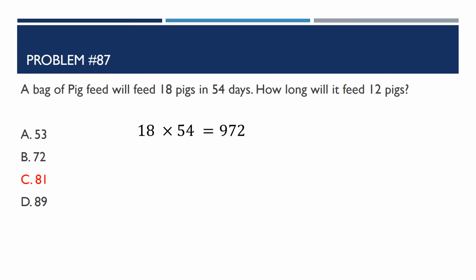And since it's given also that if there are 12 pigs instead of 18, how long will it take for this 972 to be consumed? So we're going to divide 972 by these 12 pigs. So the answer is 81 days.